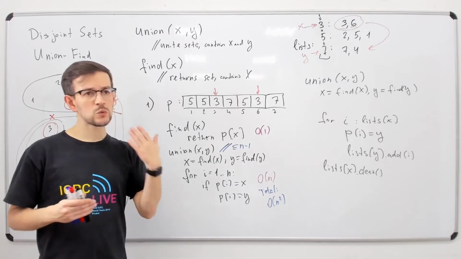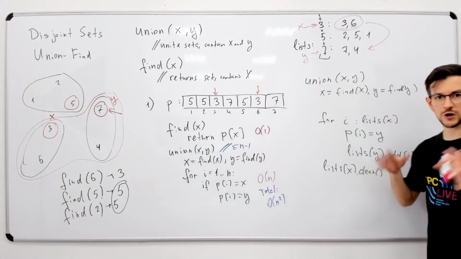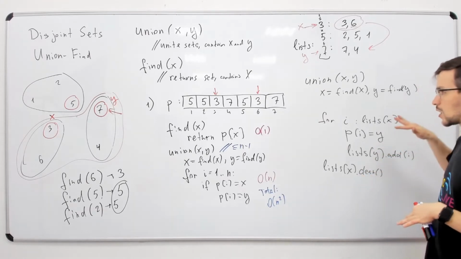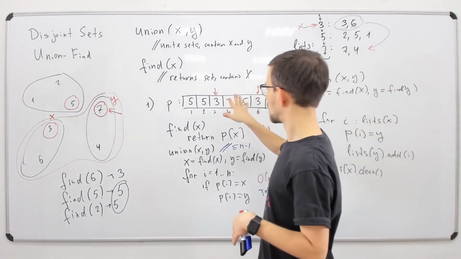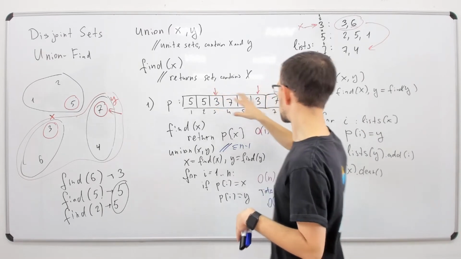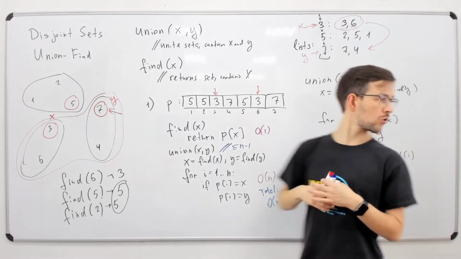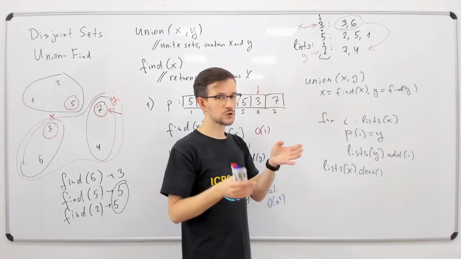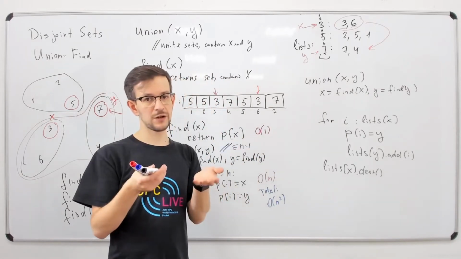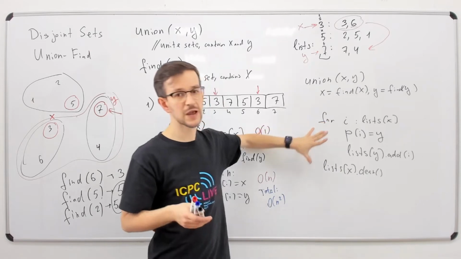No, it obviously can work in linear time. In the worst situation, for example, when we have one big set of elements, we will iterate over all elements of that big set. So the number of elements in this set can be linear, and the number of iterations of this cycle may be linear.